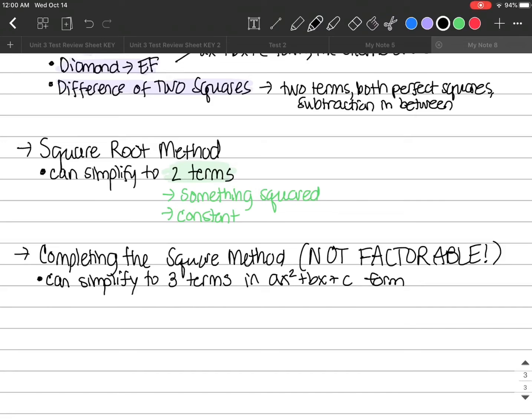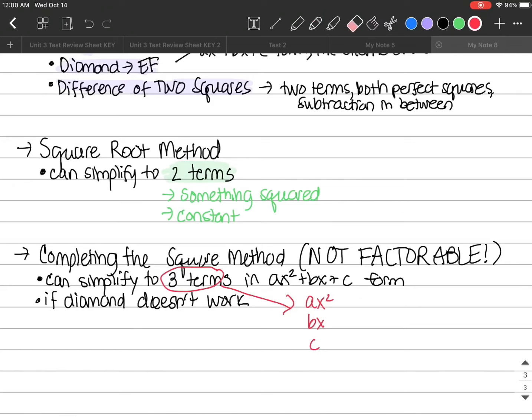Then you check the diamond. If the diamond doesn't work, it means it's not factorable, which we already said. I can't find the two numbers that multiply to whatever I need and add up to whatever I need. And those 3 terms are going to be ax squared, bx, and c.